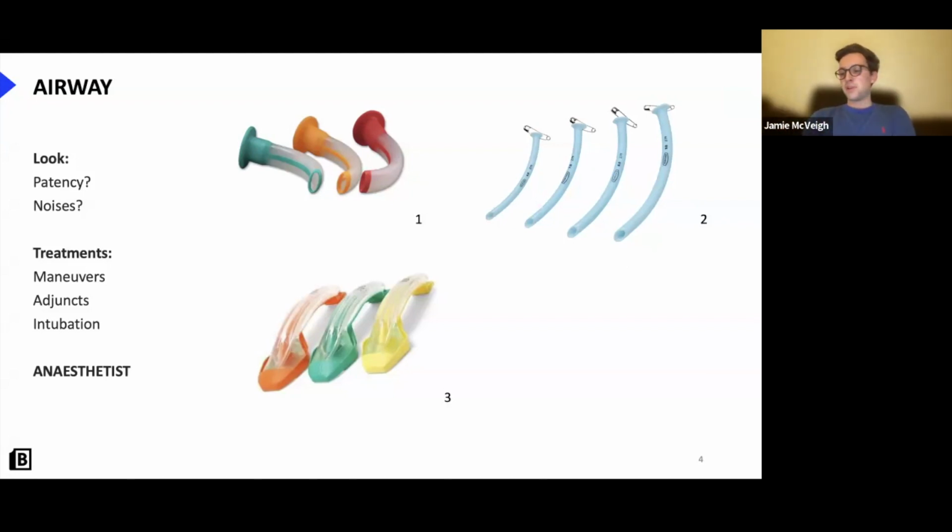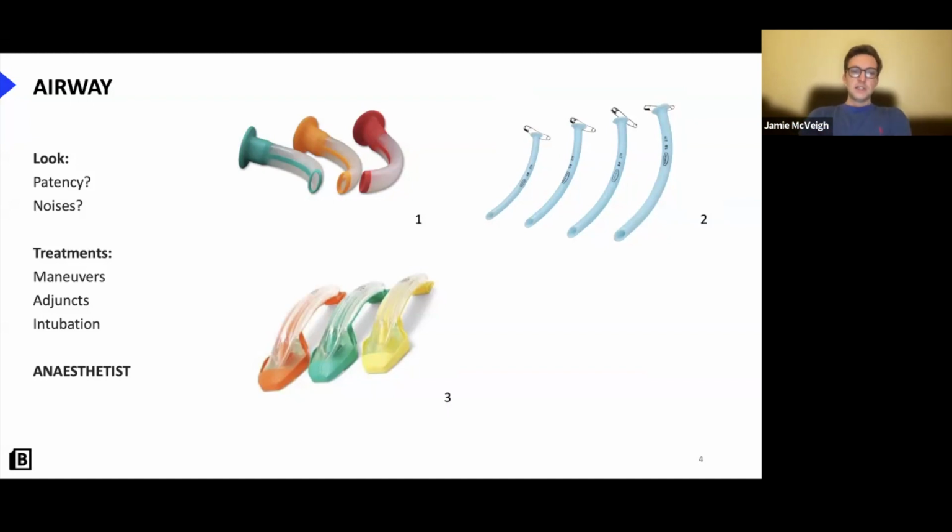But just remember that some quite common single best answer questions, an absolute contraindication for a nasopharyngeal is a basal skull fracture, okay? And then 3 down there is an i-gel, commonly used by anaesthetists to get a more definitive airway. And then you can use an endotracheal tube, which is the best type of airway, because it has a cuff which you can inflate once you get past the vocal cords, and it prevents aspiration.